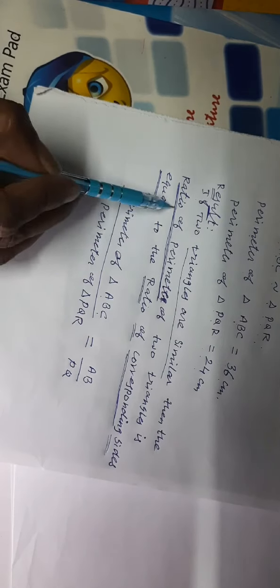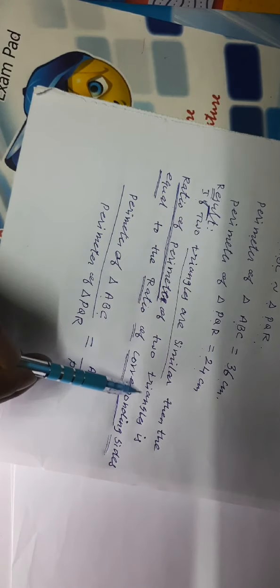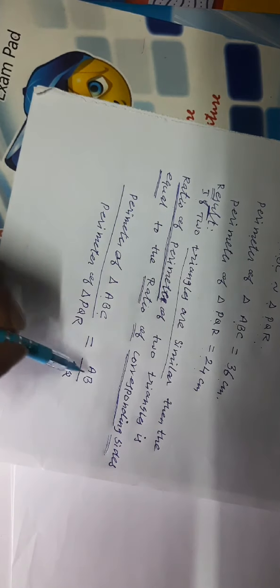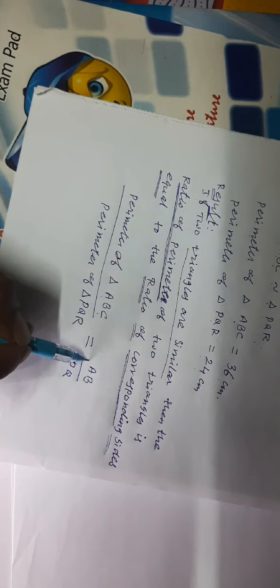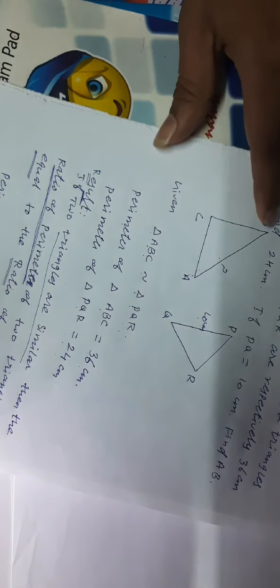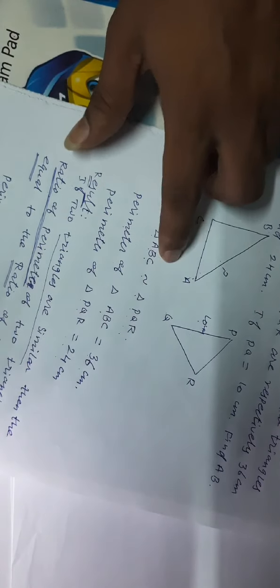What is the result? The ratio of the perimeters of two triangles is equal to the ratio of corresponding sides.